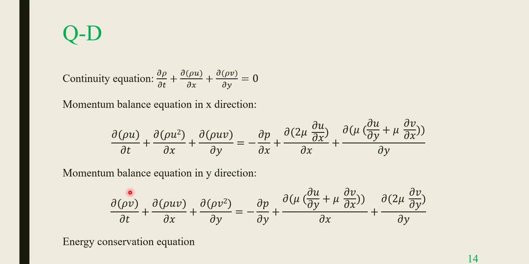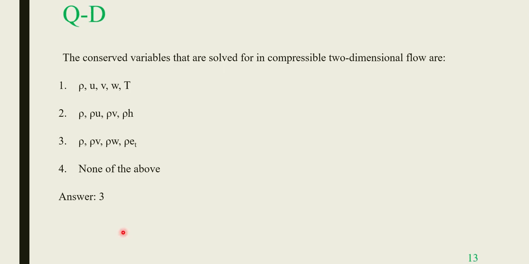So from this it can be seen that here we are solving for rho, here rho u, here rho v, and from the energy conservation equation we get Et. So it is rho u, rho v and Et. Whatever the dimensions, this third option is the right answer.